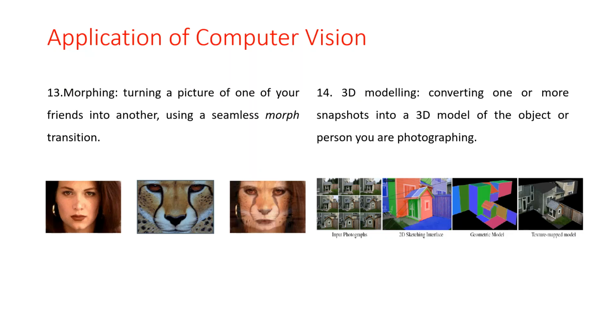Morphing is used for turning a picture of one of your friends into another using a seamless morph transition. The next application is 3D modeling. 3D modeling is converting one or more snapshots into a 3D model of the object or person you are photographing.